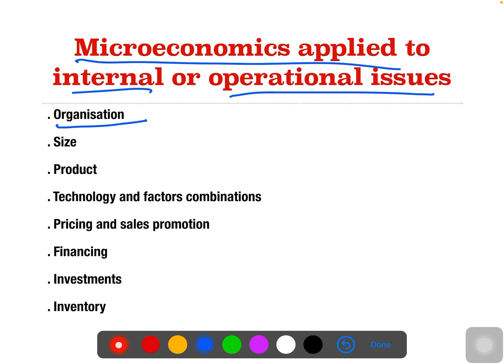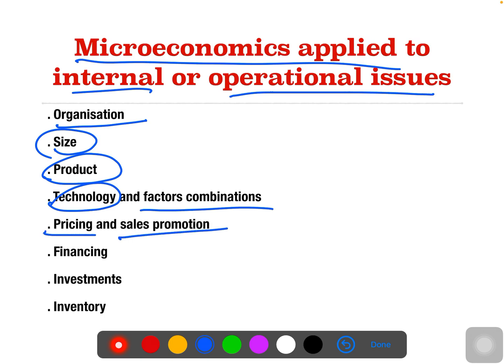It can be about how you're going to run the organization, what the size of the organization should be, which good you're producing, which kind of technology you're going to use, what the factors of production are, which combination you're going to use, what price you're going to fix, how you're going to do the marketing, sales, and promotion, how you're going to finance it, what the investment will be, and how you're going to manage the inventory.